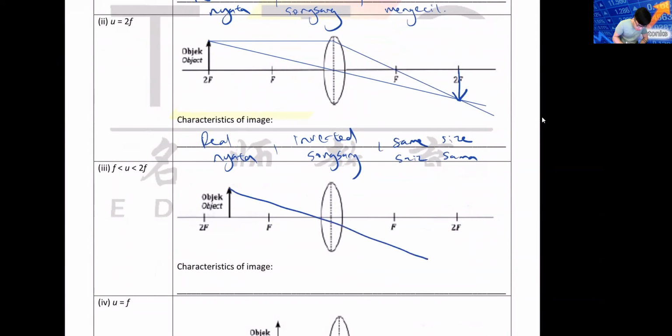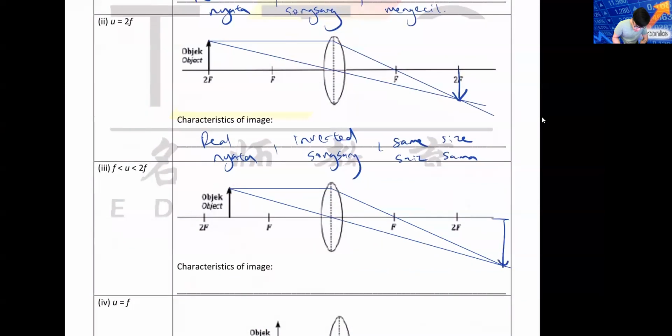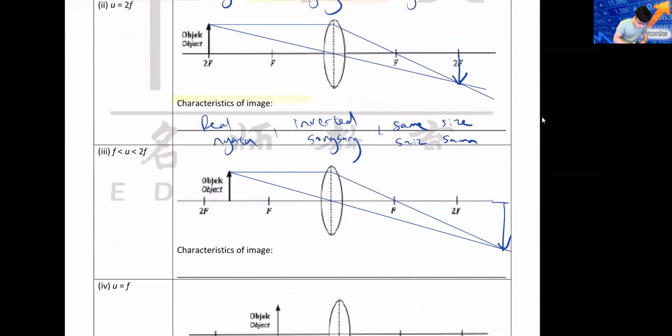So next, between F and 2F, you do the same thing. First line going through O. Second line goes straight and to F. Oops, not long enough. Okay, they meet kind of here. Ooh, this is really big. Same thing, real. Something is on the screen, nyata.